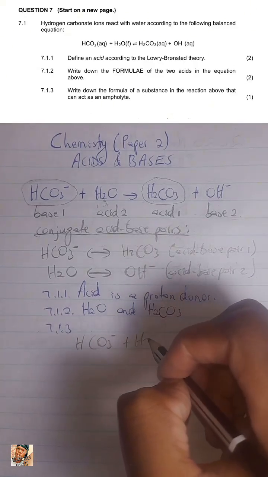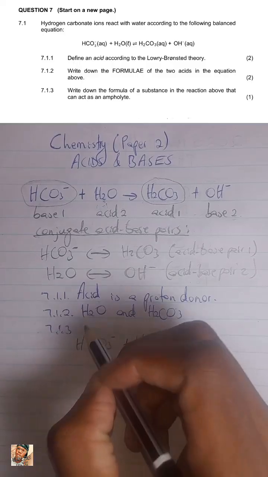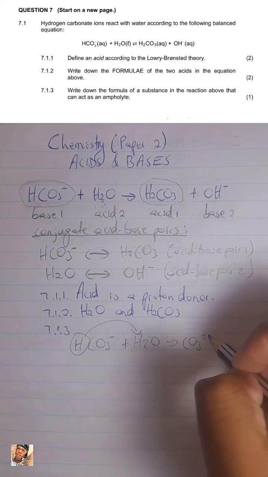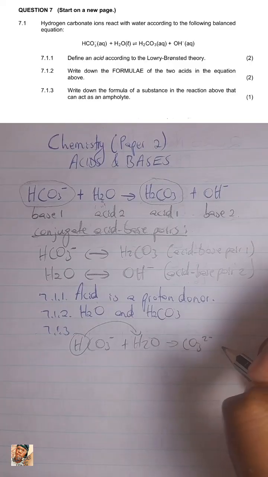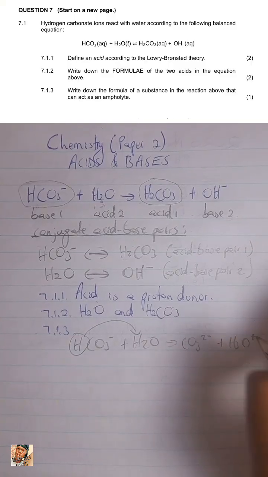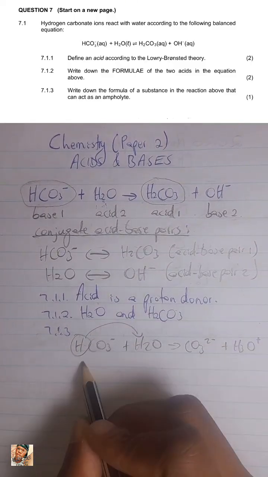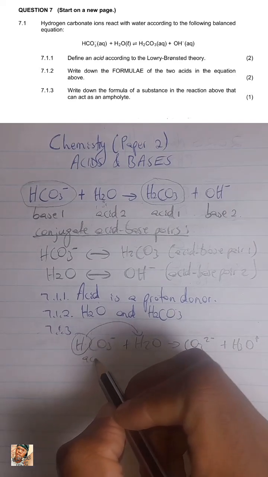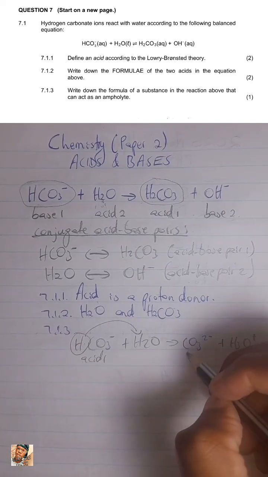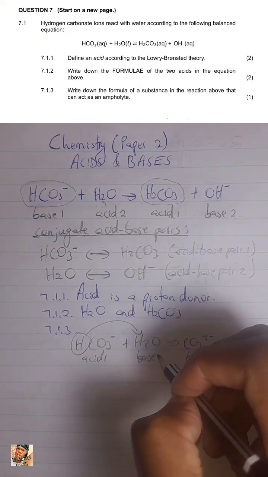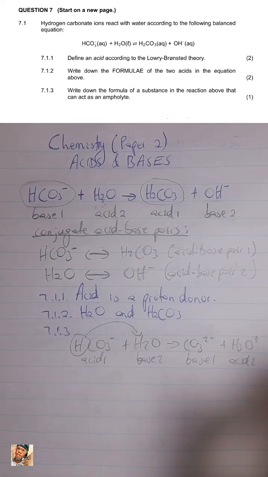It was going to lose the proton to water and form CO3 2 minus, plus the hydronium ion. Okay, so because it has lost a proton, it was going to be acid 1, giving us base 1. This was going to be base 2, giving us acid 2.